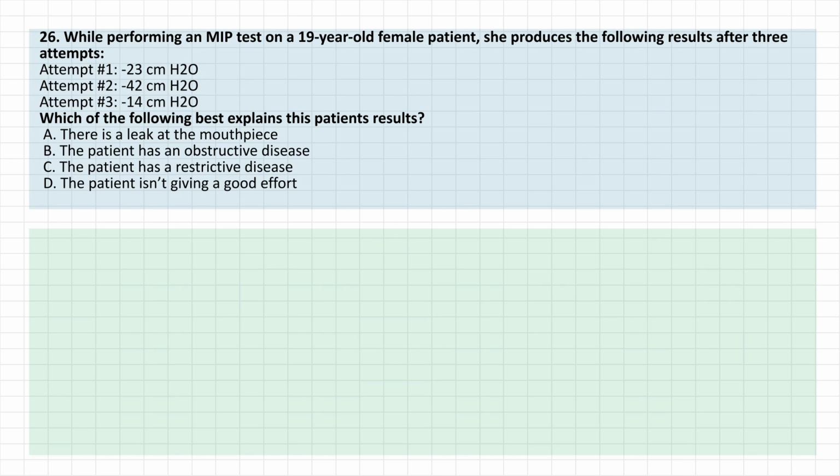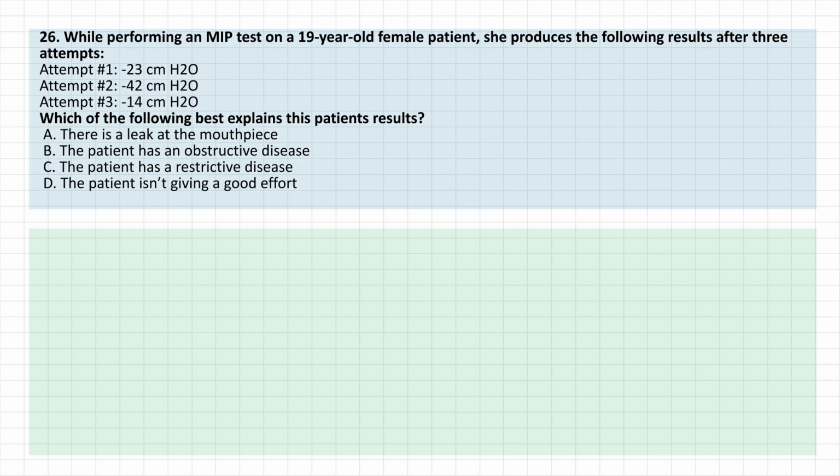26. While performing an MIP test on a 19-year-old female patient, she produces the following results after 3 attempts. Attempt number 1, negative 23 centimeters of water pressure. Attempt number 2, negative 42 centimeters of water pressure. Attempt number 3, negative 14 centimeters of water pressure.